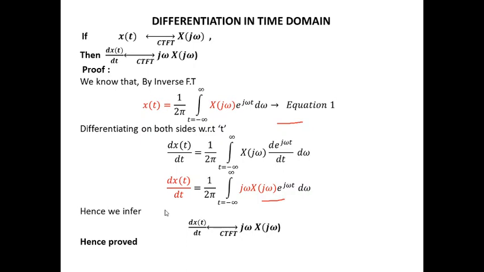The next property is differentiation in the frequency domain, and it is for the continuous time Fourier transform. The property goes like this: if X(jω) is the CTFT of x(t), then j d/dω X(jω) will be the CTFT of t x(t).